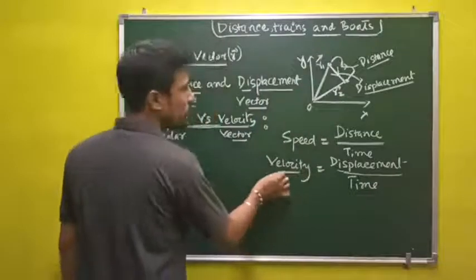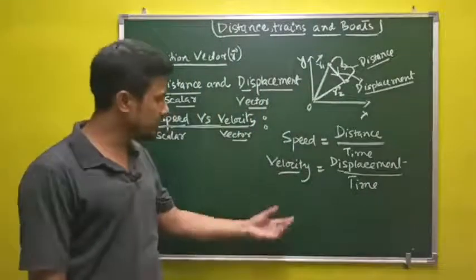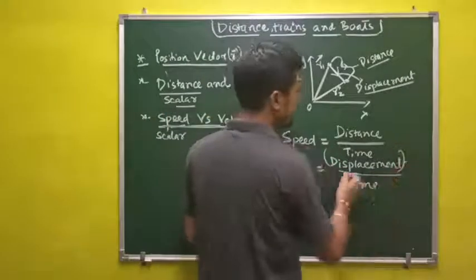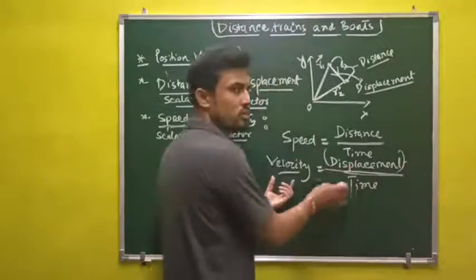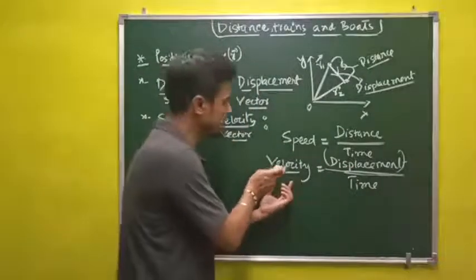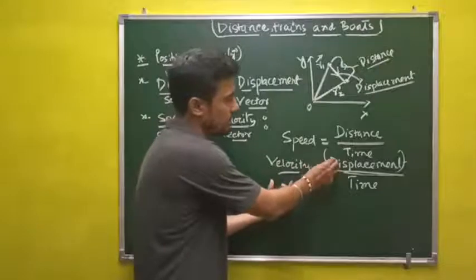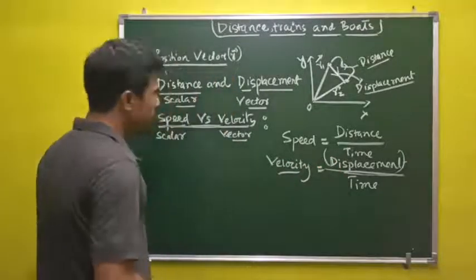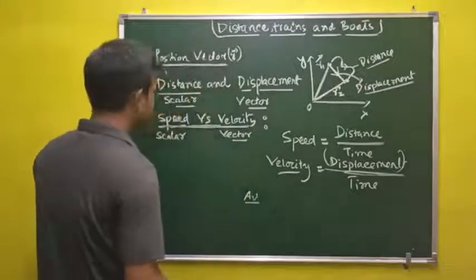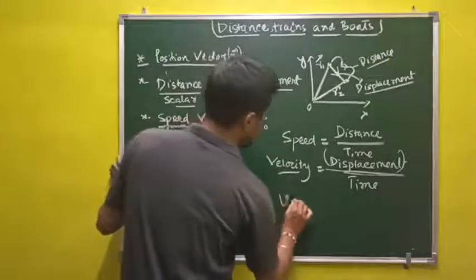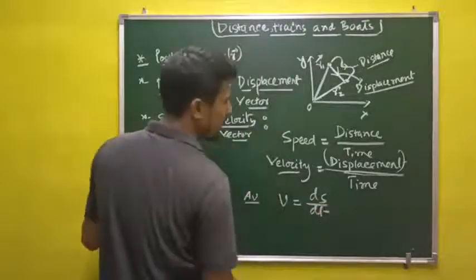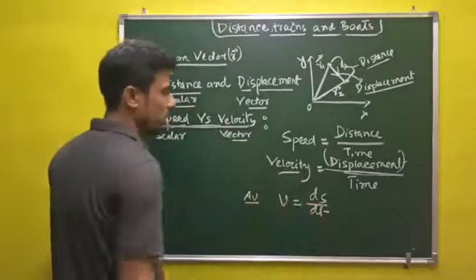In this case, velocity is a vector quantity and its direction will be along the direction of the displacement, since displacement is also a vector quantity. You should be clear that velocity has a direction, and this direction is along the direction of the displacement. So we can consider average velocity as ds by dt, total displacement divided by total time.